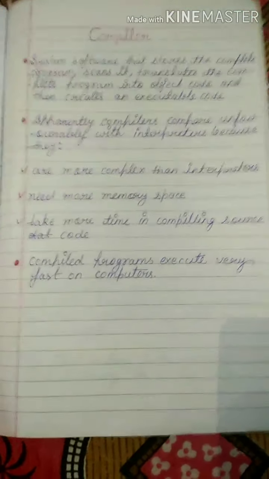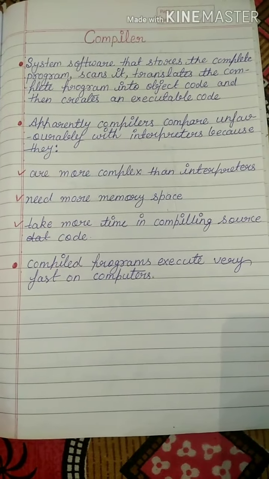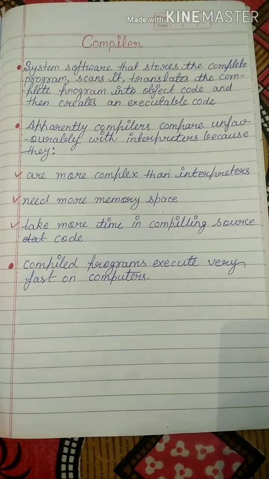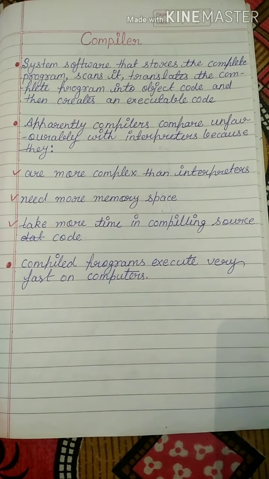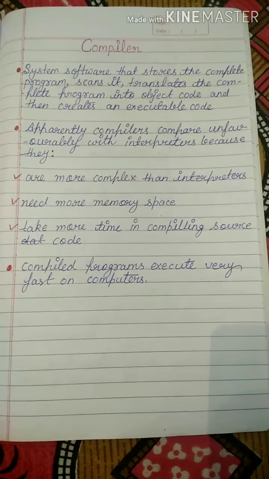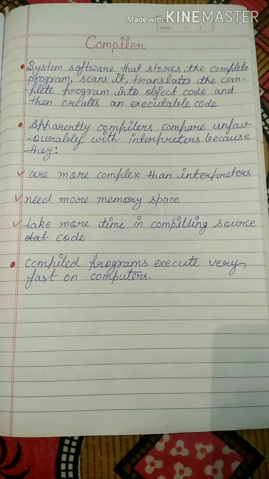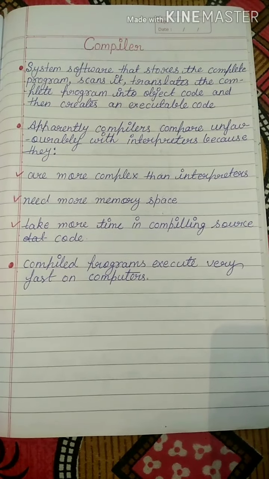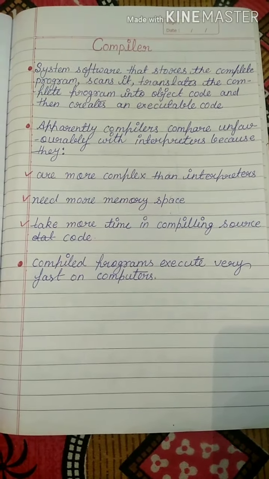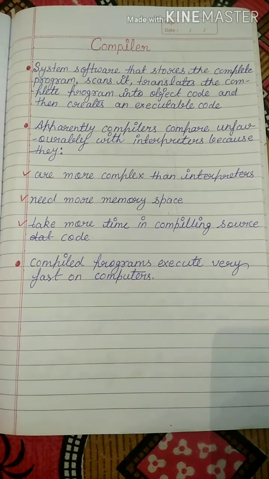Despite these disadvantages over the interpreter, we are using the compiler because the compiler gives us an executable code, a code that will run straight away. So if I am a programmer, a software developer, I'll write that code, convert it into executable code and give it to the user. The user will just put it into his or her system and it will run straight away.